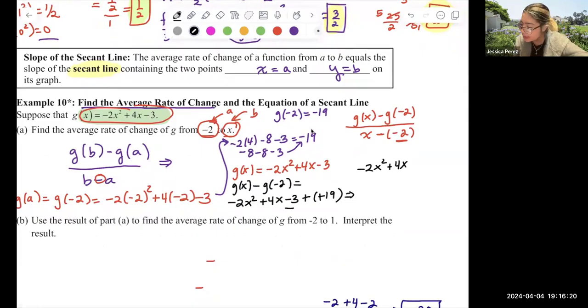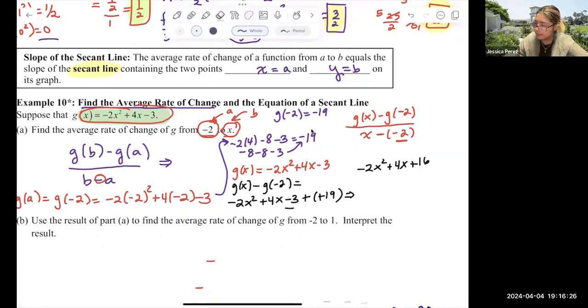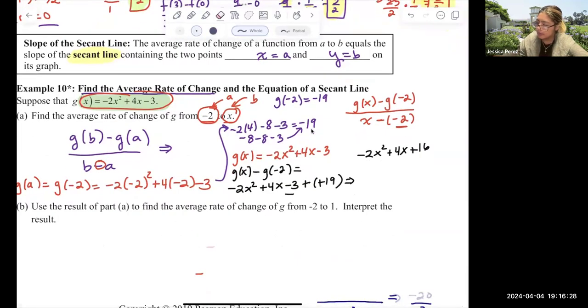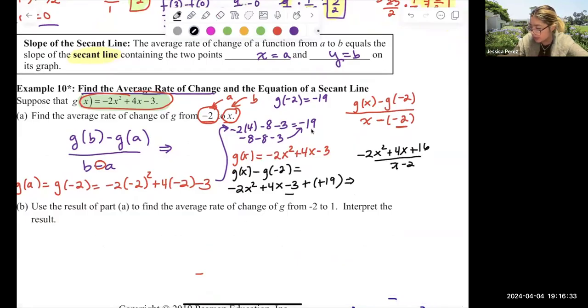So it's a minus 3 and a plus 19, that's a plus 16, divided by x minus -2. And this becomes a plus, because I have a minus and a minus, that gives me a plus 2. This nastiness is the actual rate of change from -2 to x after cleaning it up.